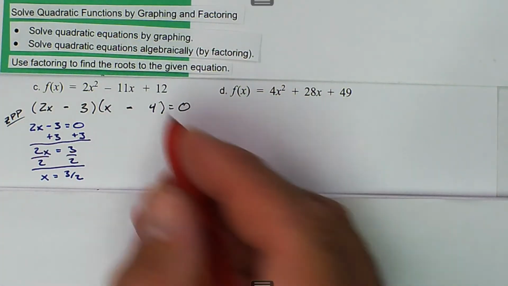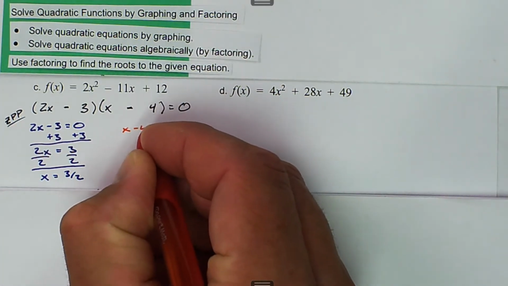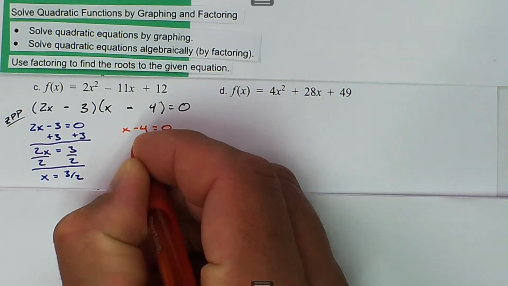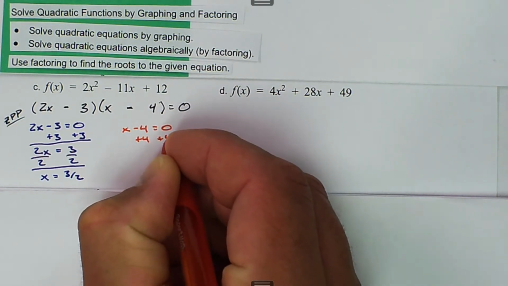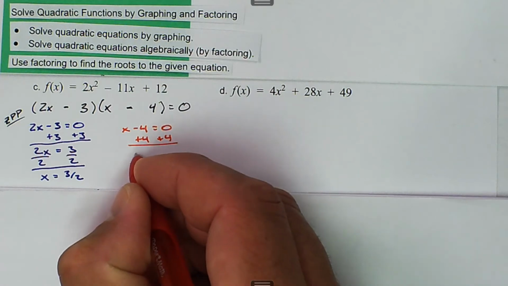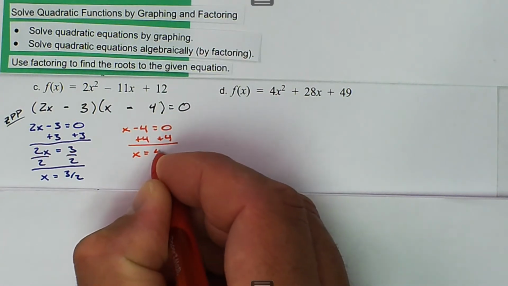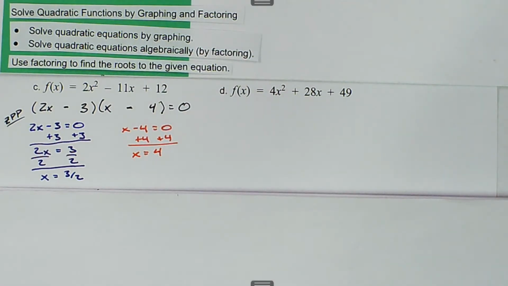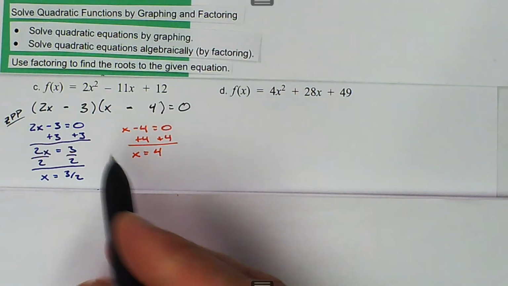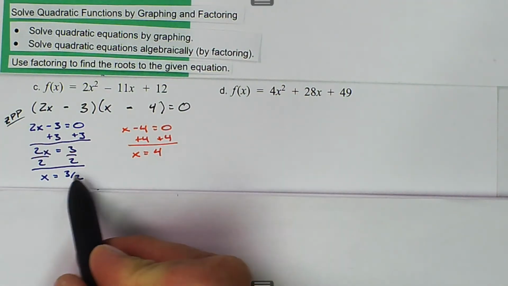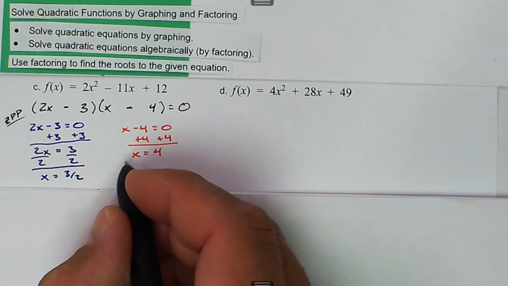Next one we have x minus 4 equals 0, so we add 4, and we get x equals positive 4. So in this case, we have a multiplicity of 1 because each one of these x's represents one solution.